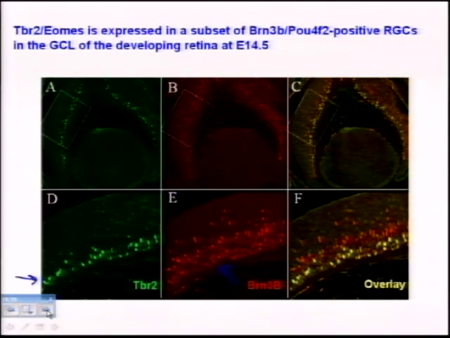And what we can see here is that at E14.5, the early differentiating ganglion cells, the ones that are still migrating to the ganglion cell layer, are not expressing T-brain2. But the later cells are expressing T-brain2. So what this means is T-brain2 is being expressed later than Brn3b. So T-brain2 is downstream of Brn3b. And I've already showed you, when you take away Brn3b, you take away the expression of T-brain2.